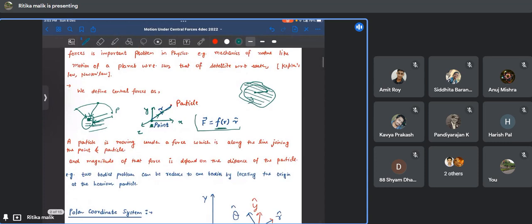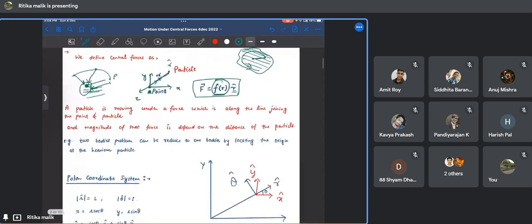So this is the kind of force represented by central forces. The magnitude depends on the distance, and it is always in the radial direction. This direction is known as the radial direction.